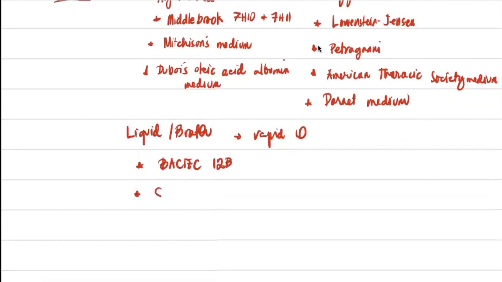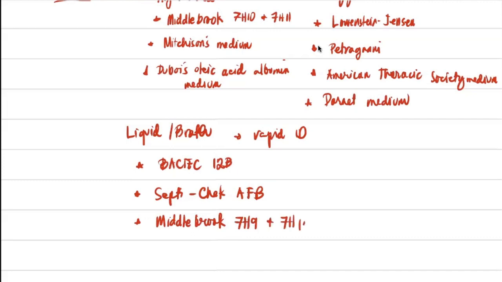Nandito din yung SeptiCheck AFB, and we have the Middlebrook 7H9 and 7H12. So yung 7H10 and 7H11, they are solid base media.